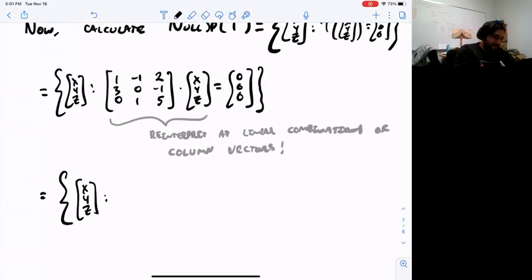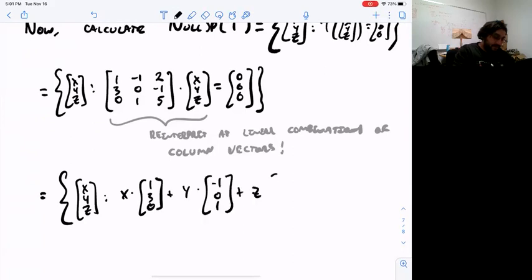How so? Well, it's x times (1, 3, 0), it's y times (-1, 0, 1), and it's z times (2, -1, 5), equaling 0.